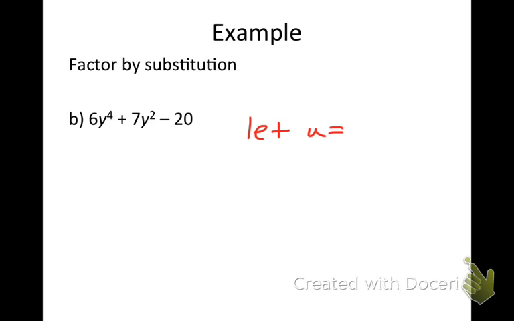So if we let u equal y squared, and the reason why I'm letting u equal y squared is because isn't it true that y squared times y squared is y to the 4th? Yeah. So this turns into 6u squared plus 7u minus 20.